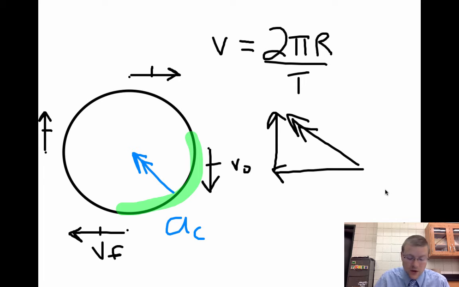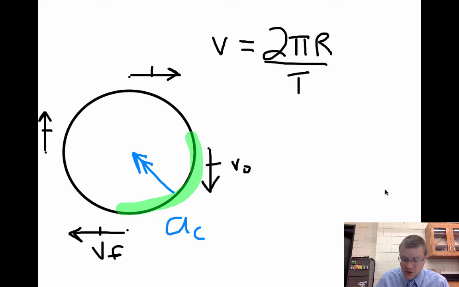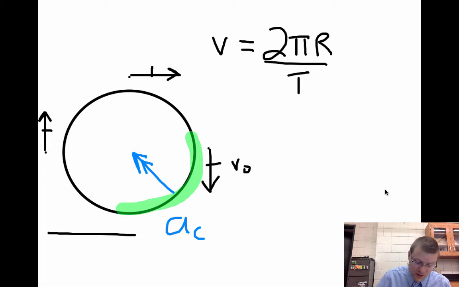However, the objects don't have to go the same velocity every single second as they go around a bend. You could be going faster or slower as you round this bend. So you do have that centripetal acceleration, but we could say that this final velocity is greater.